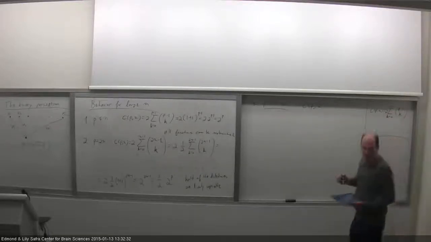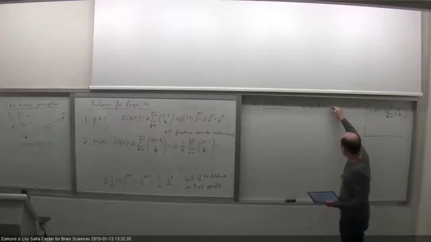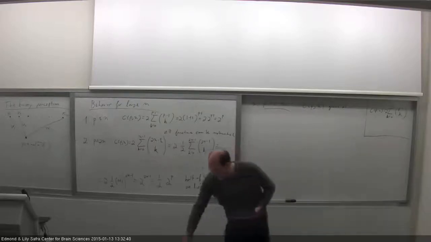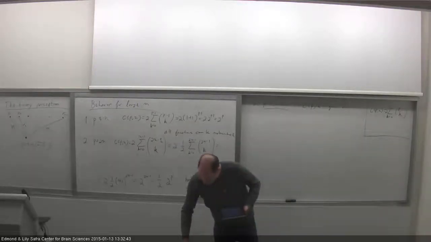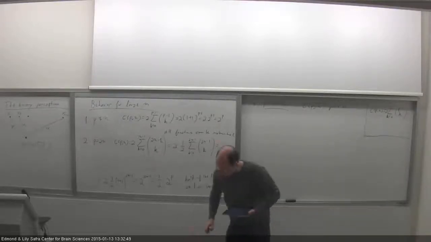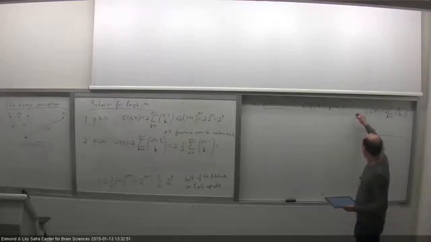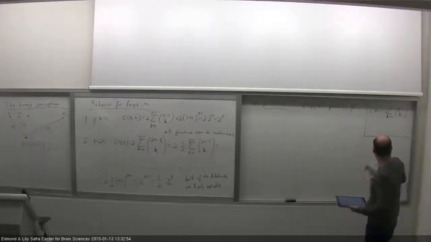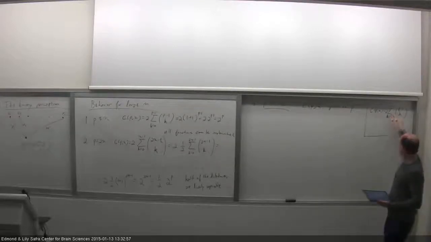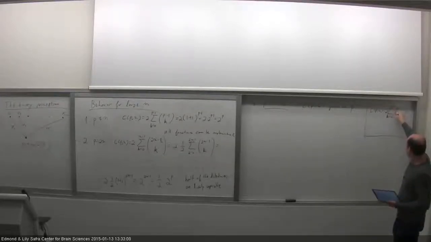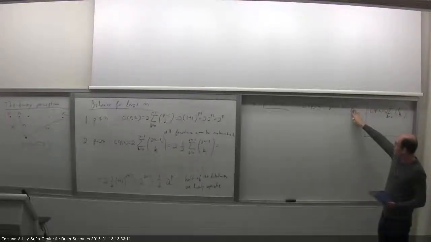So qualitatively, C_p of n grows as p to the power n. Why? Because of the largest term that we have here: in the numerator we have things like (p minus 1) to the power n. Then it's divided by something. But qualitatively, C_p of n grows as p to the n.